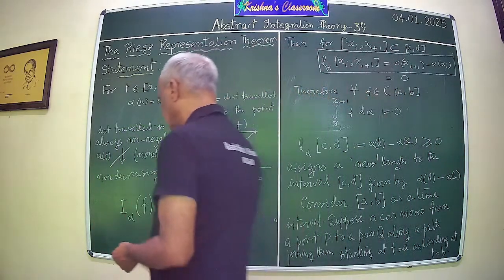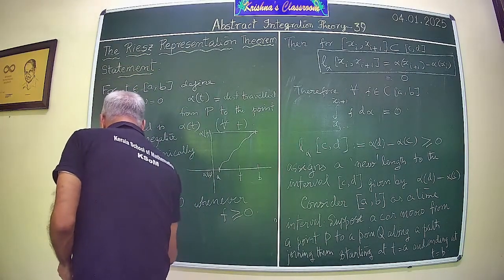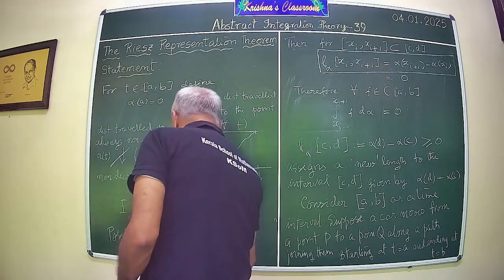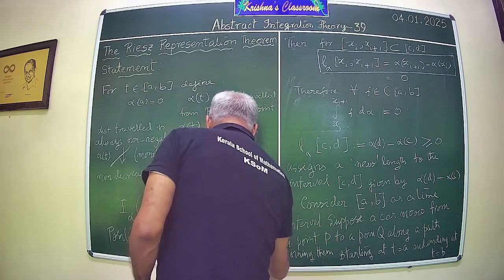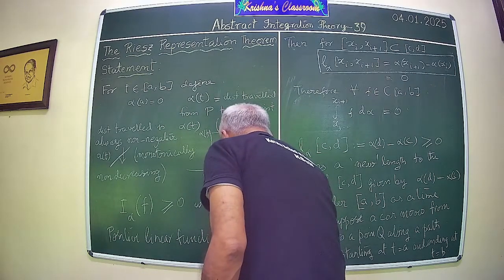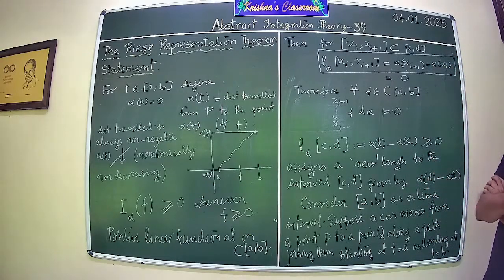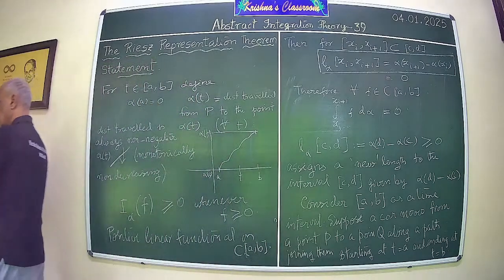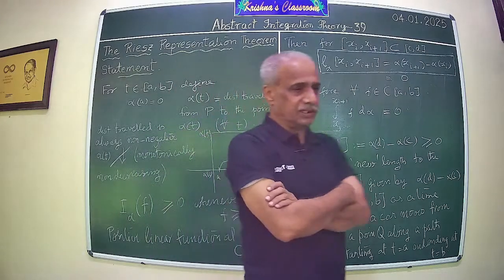Therefore, it's a positive linear function on [a, b]. This is the scenario that we are taking. Therefore, we have generalized the concept of Riemann integral to Riemann-Stieltjes integral to accommodate these kinds of situations.